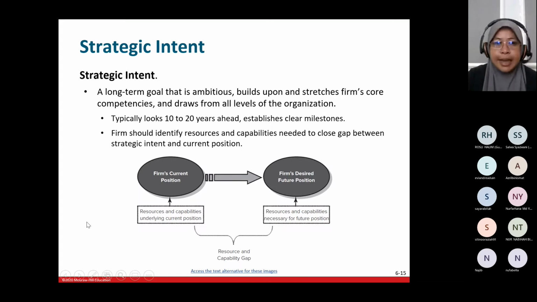And then strategic intent. Strategic intent is a long-term goal that is ambitious, builds upon and stretches the firm's core competency, and draws from all levels of the organization. What I mean by this is that they will look at what will happen in the future. They can estimate.